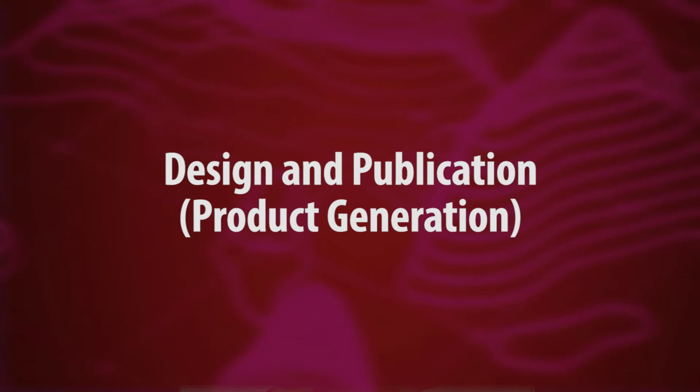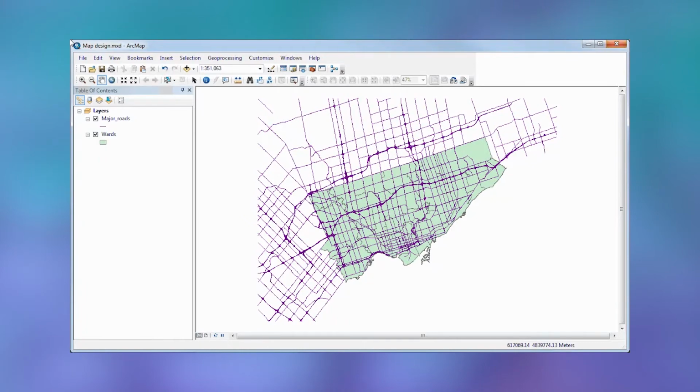Design and publication, that is product generation. Mapping can be a laborious process until you get the right result. Viewing data to analyze and interpret spatial information on a computer is one thing, but printing a map for others to analyze and interpret is quite different. ArcMap makes available a number of tools for map design prior to publication.